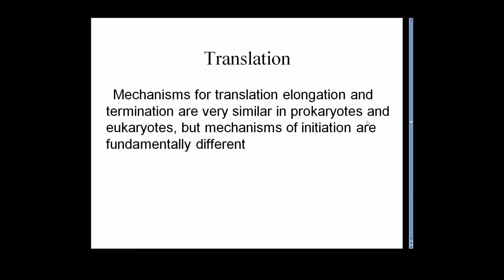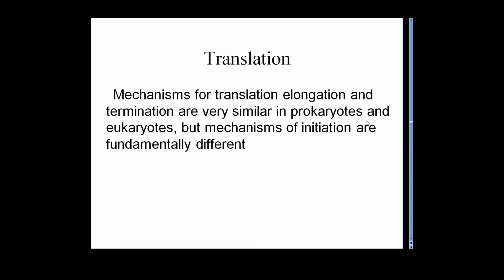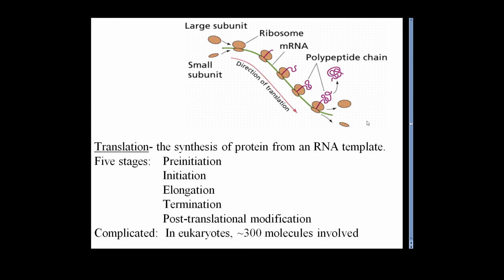And the next step after preparing the messenger RNA is the beginning of translation. The mechanisms are similar, but initiation can be different. All of it consists of the next steps: pre-initiation, or so-called activation of amino acids, then real translation.